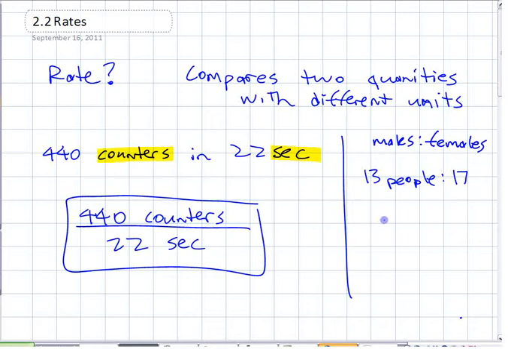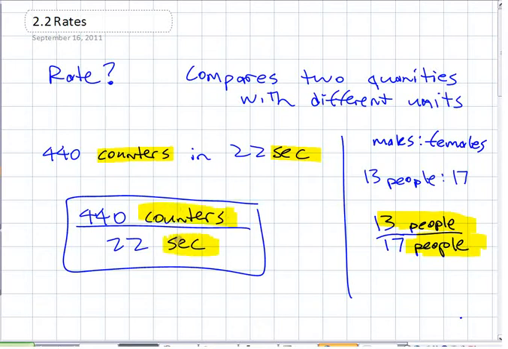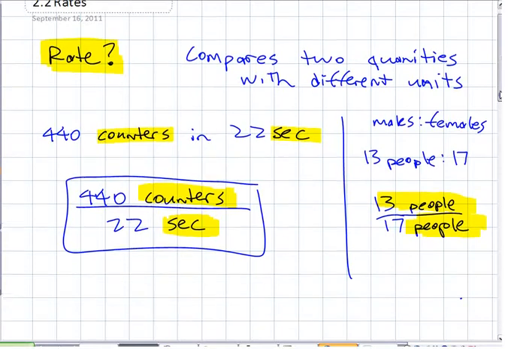The units are the same. If I divide 13 by 17, they're both measured in people. Whereas here we're counting counters and seconds. They're totally different units. This is the big difference between how you use the word rate and ratio. They're both comparisons, but one has different units, one has the same units.